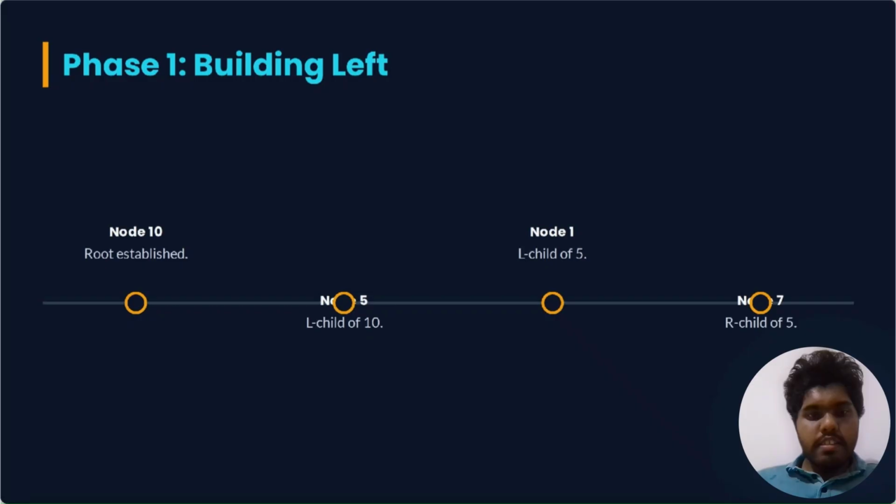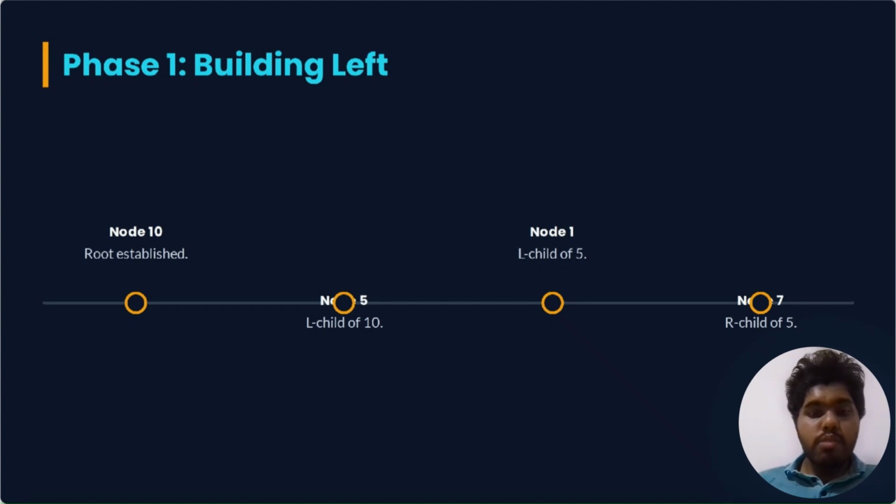Watch closely. 10 is the root. Its bounds are negative infinity to positive infinity. Next is 5. It's between negative infinity and 10. So it becomes 10's left child.